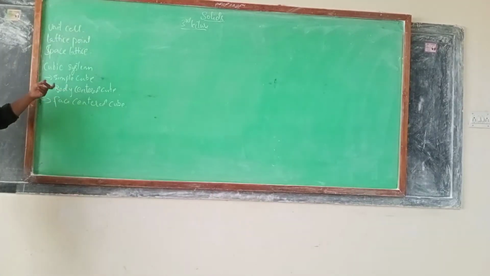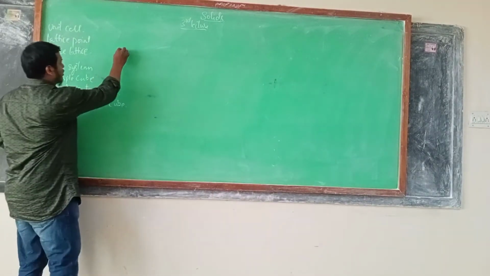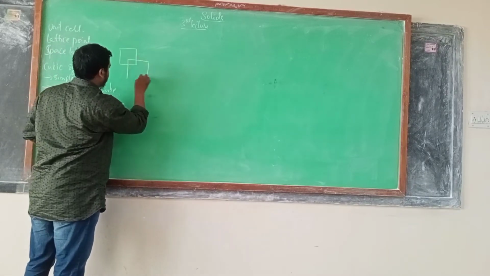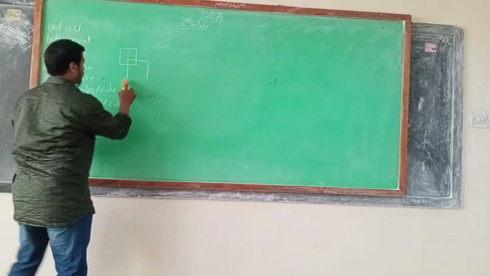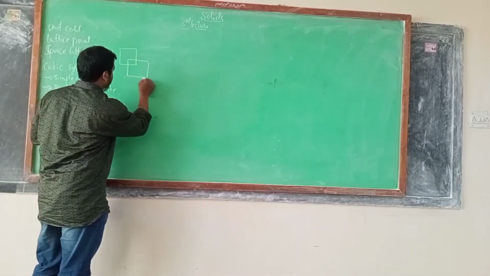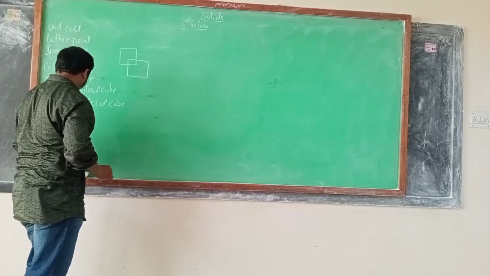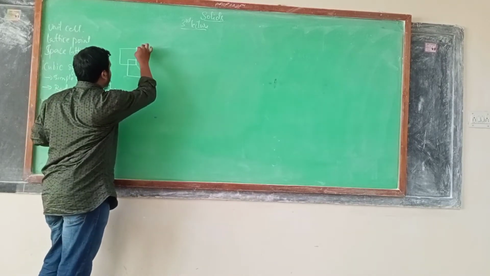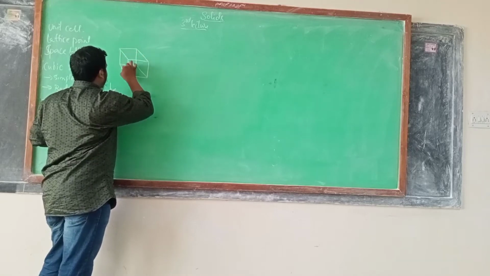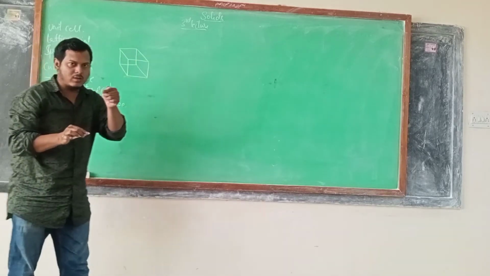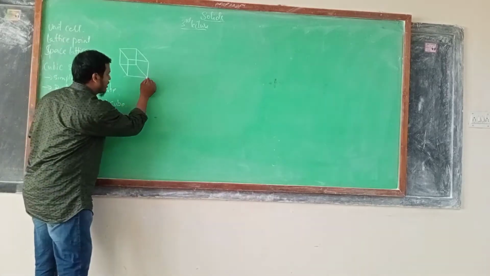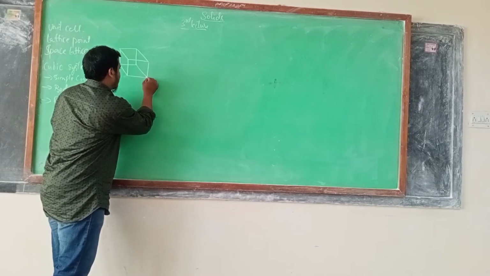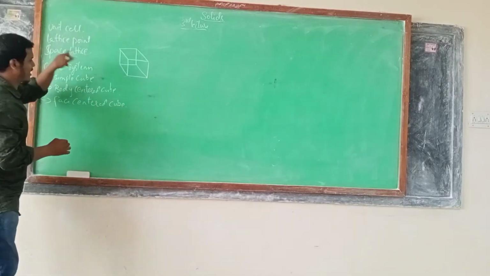When we talk about simple cube, this is our simple cube, right? In this simple cube, particles are present at the corners, because these corner points are the points of space lattice.